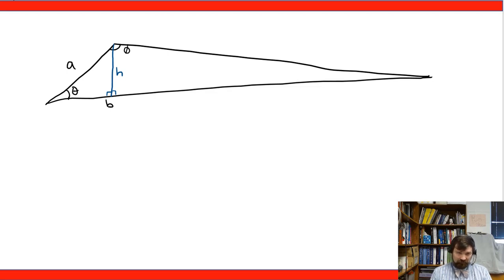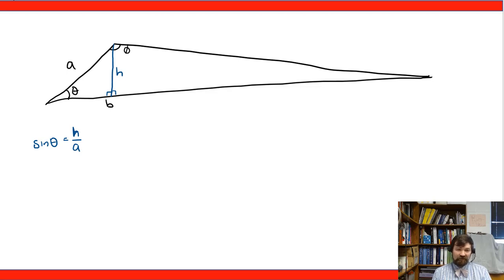All right, so now how do you figure out what the sides are? Well, you know the value of A and you know the value of this angle. So this A becomes the hypotenuse of this little right triangle here whose height is h. And so you could say that the sine of theta is h, the opposite, over A, the hypotenuse.